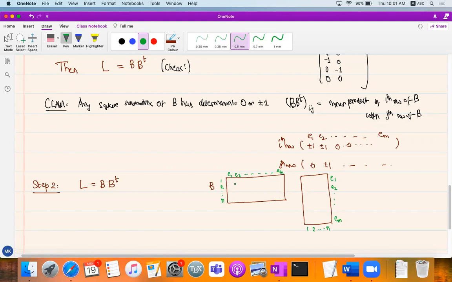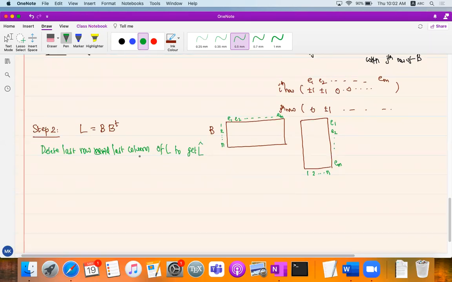Now, suppose we remove, as I said in the proof, we need L hat, right? So delete the last row and last column to get L hat.